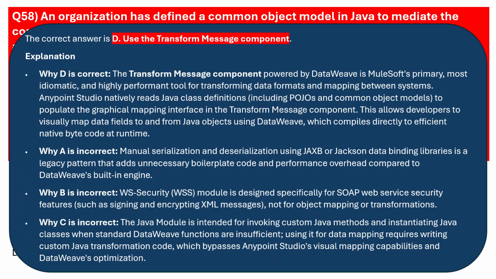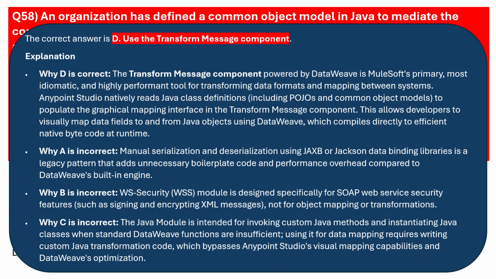Why A is incorrect. Manual serialization and deserialization using JAXB or Jackson data binding libraries is a legacy pattern that adds unnecessary boilerplate code and performance overhead compared to DataWeave's built-in engine. Why B is incorrect. The WS Security, WSS, module is designed specifically for SOAP web service security features, such as signing and encrypting XML messages, not for object mapping or transformations.